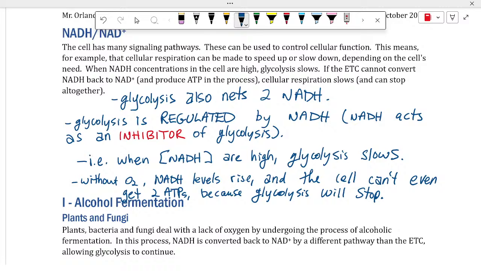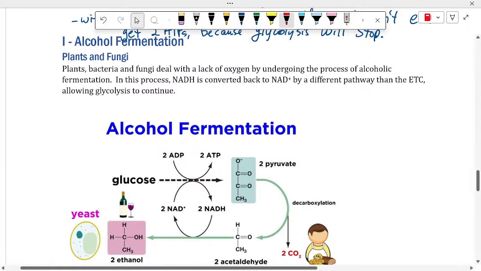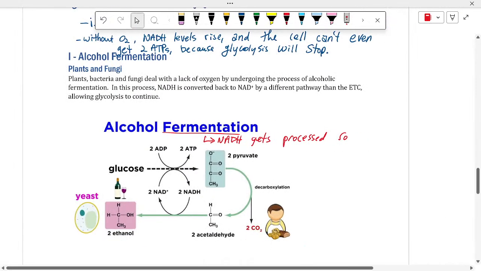But if you are starving of oxygen, you want to keep producing energy, right? So what do we have to get rid of? We have to get rid of the NADH. So fermentation is the process by which NADH gets processed so glycolysis can keep running in the absence of oxygen.